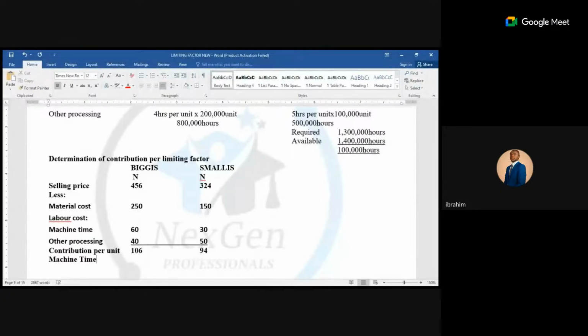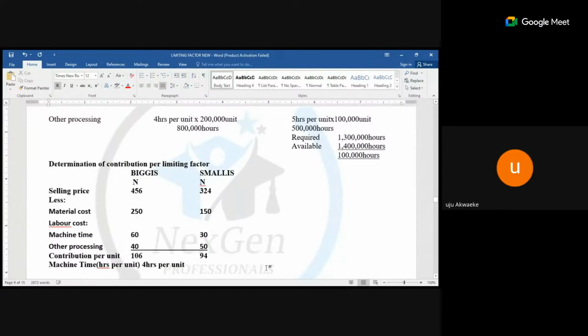What is the hours per unit for machine time? 4 hours per unit for biggies. What of smallies? 2 hours per unit.